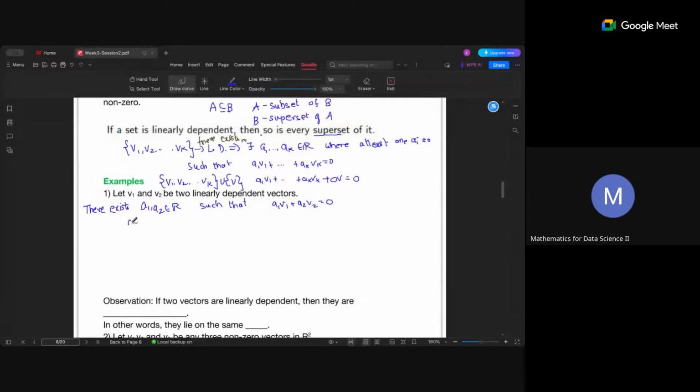So either a1 is non-zero or a2 is non-zero, or both of them can be non-zero. That is possible.